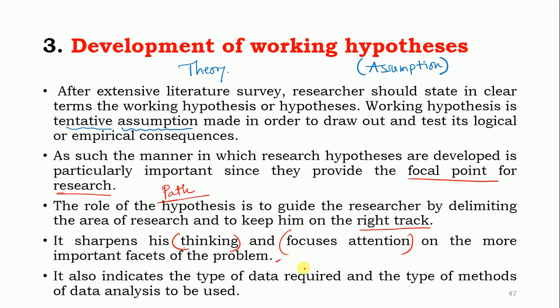It also indicates the type of data required and the type of method of data analysis to be used. So the hypothesis decides which type of data is required, and at the same time which type of methods you are going to use. All that will be decided according to the hypothesis. So hypothesis is also very important, and you have to decide it by taking guidance from your literature review.